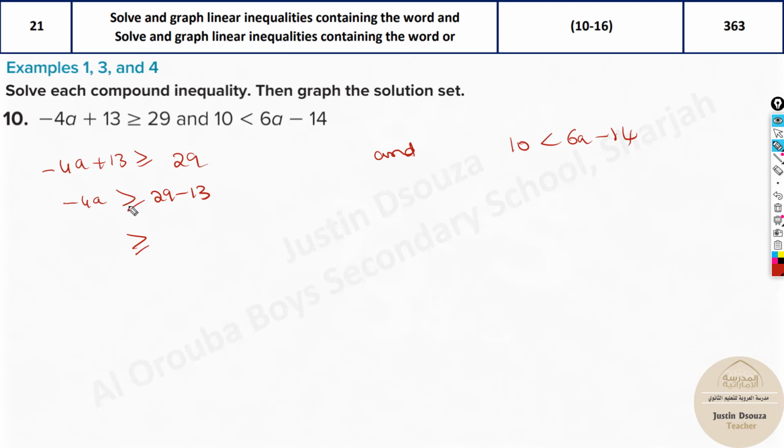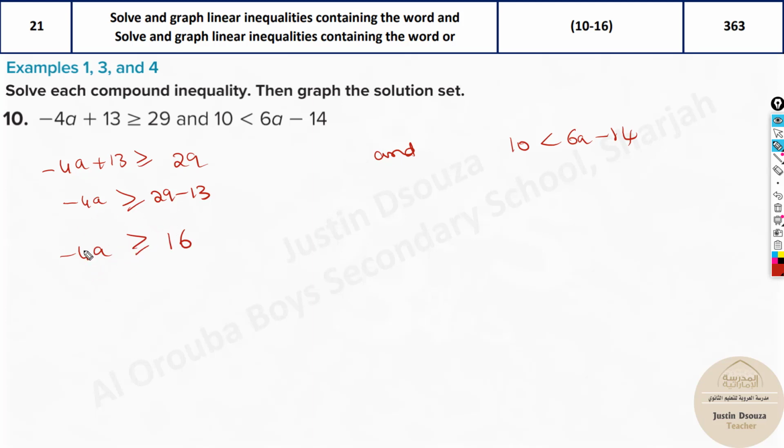It is greater than or equal to, the symbol remains the same. But here it's 29 minus 13. It's 19 minus 3, that's 16. And we have negative 4a. So what do you do now? When you have minus, see, this variable is negative. Now there is a rule that states to change the sign, you can change both signs, but this variable changes.